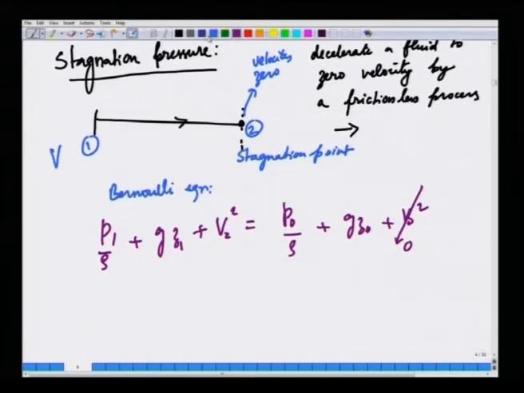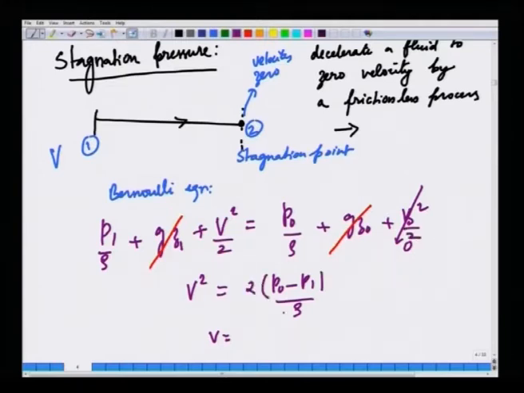Now, if you assume that the elevations are the same, then these two terms cancel out. That gives you an expression for V squared by 2 equal to P0 minus P1 by rho. So V is 2 times P0 minus P1 by rho, whole to the half.